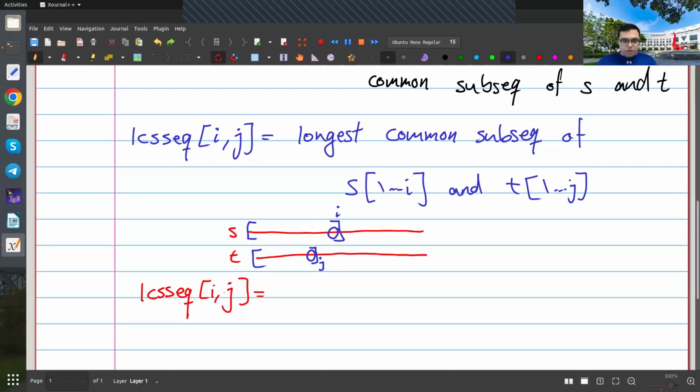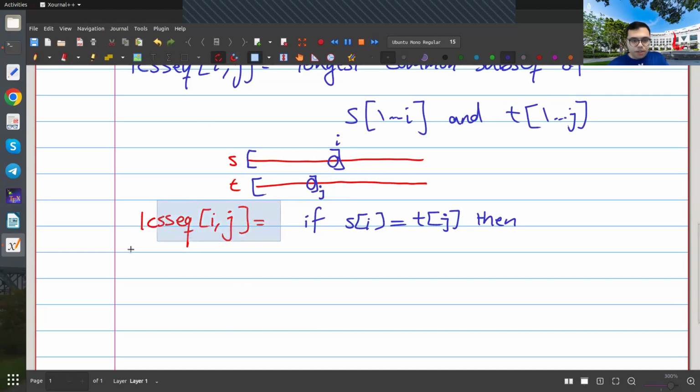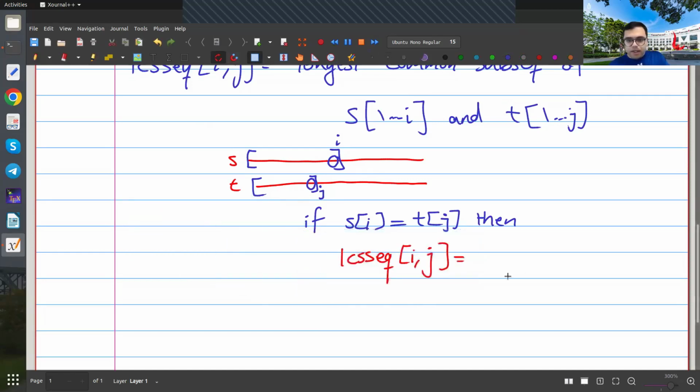Okay, so when I'm calculating this, I'm going to say, well, let's do this check. First of all, if the i's character is equal to the j's character, so if s_i is equal to t_j, then my longest common subsequence, its length is just going to be 1 plus the answer that I had for i minus 1 and j minus 1.